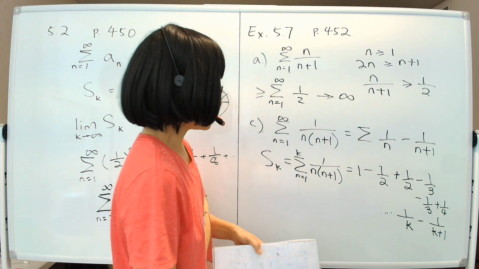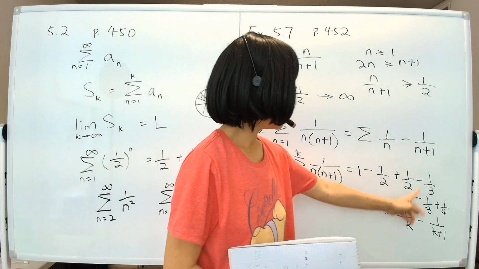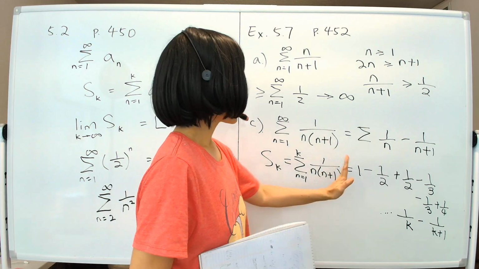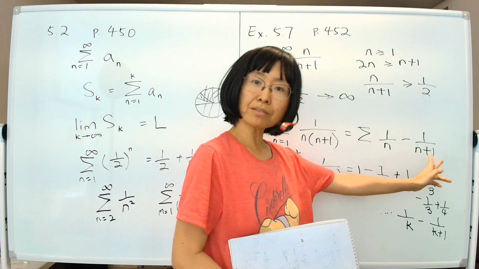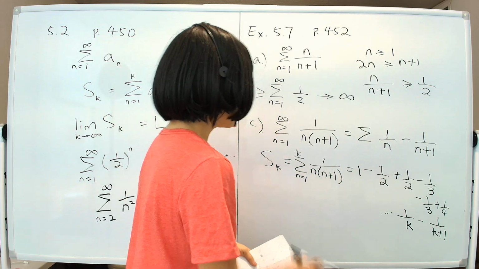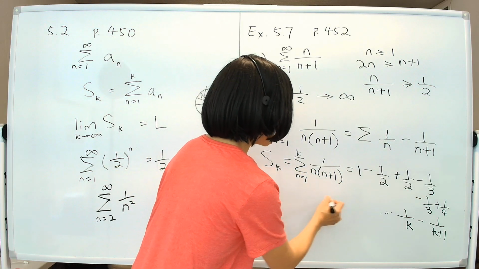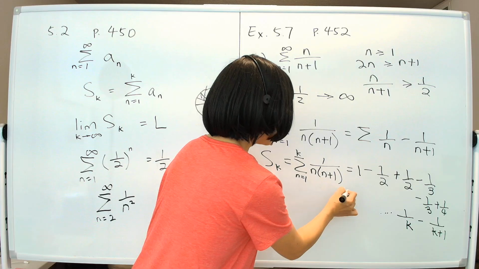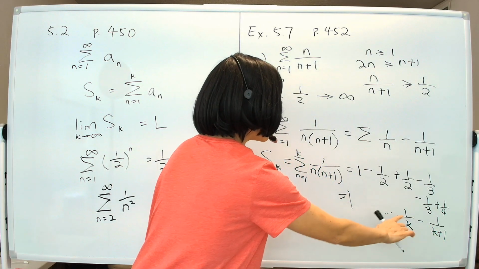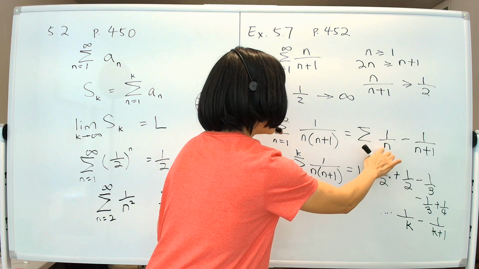So as you notice, each term disappears. Okay, we can prove that for each n, because n bumps up 1 at a time, so each term gets killed. So all you have left, you can write down s of k exactly as the first term, 1, and the last term that didn't get canceled out. The first part always gets canceled out.